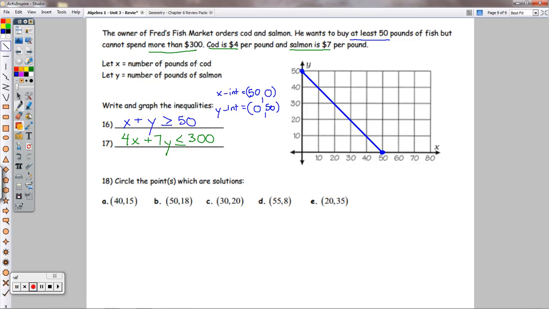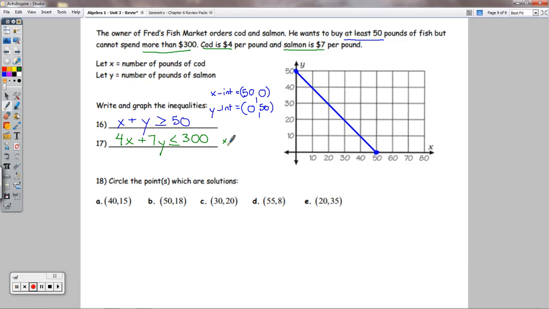The green one, your x-intercept there, still where y equals 0, y-intercept still where x equals 0. But if you plug in 0 for y, this part goes away. 4 times 75 would give you 300.